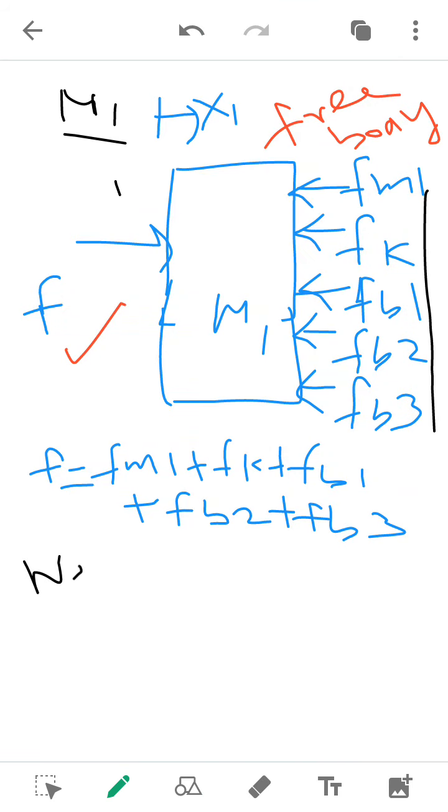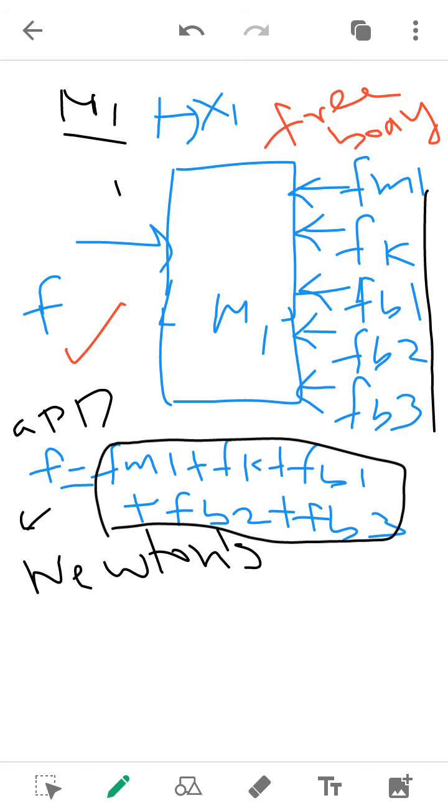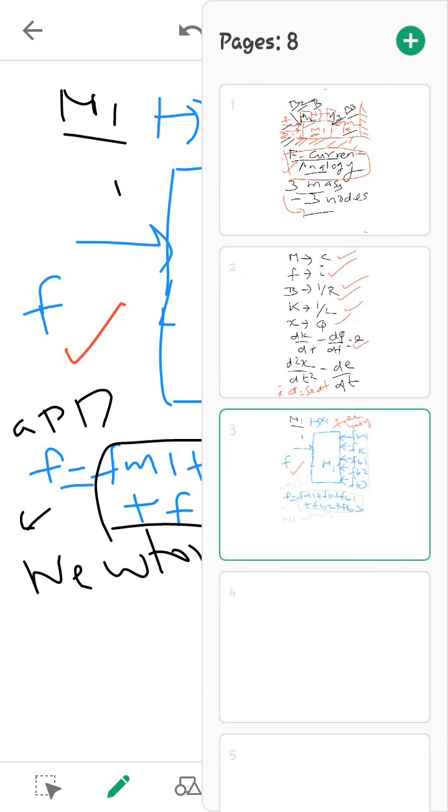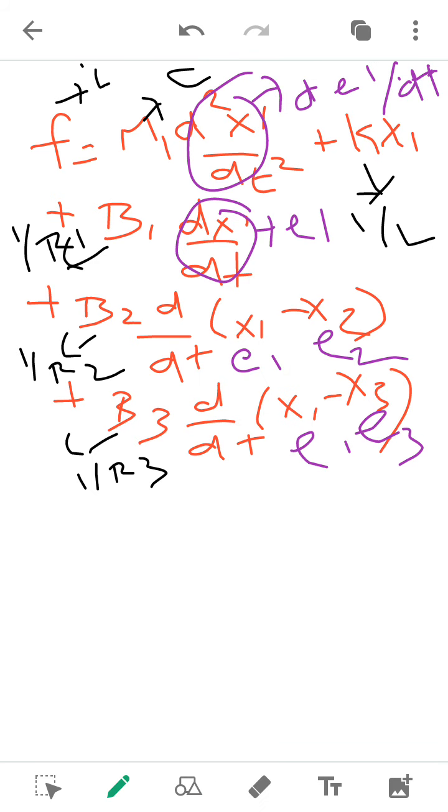Applying Newton's law, the force applied is equal to the opposing force elements. Now expanding the same equation, we will be getting F is equal to m1 d squared x1 by dt squared plus k x1 plus b1 dx1 by dt plus b2 d by dt of (x1 minus x2), because this damper is common between mass 1 and mass 2, and b3 is common between 1 and 3. So we have written the second order differential equation.